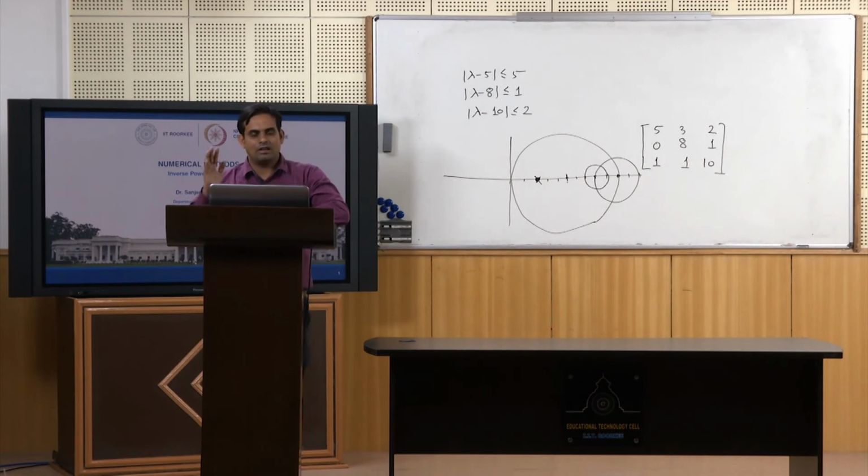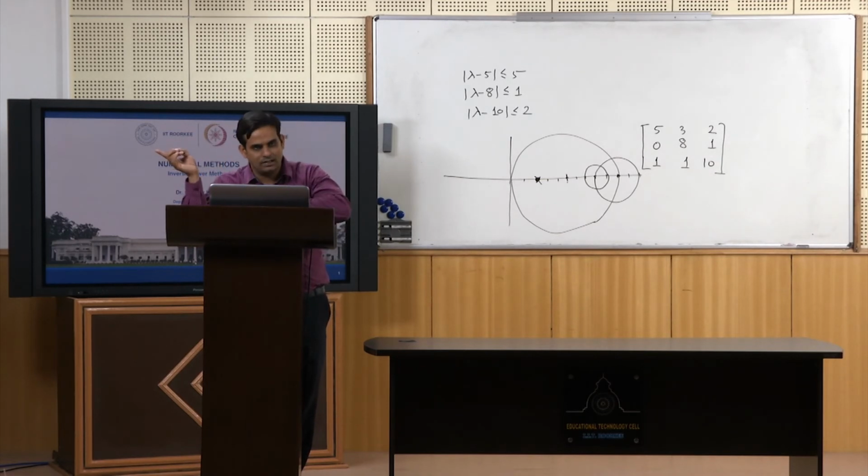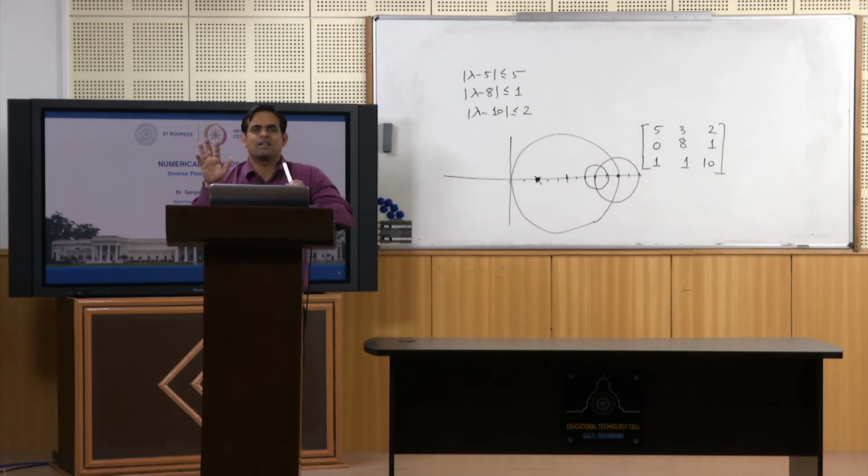Suppose I want to find the smallest eigenvalue of a 10 by 10 matrix A. In the inverse power method, the dominant eigenvalue of A inverse will be the smallest eigenvalue of A, but we need to find A inverse. Here we do not require to find A inverse at all.